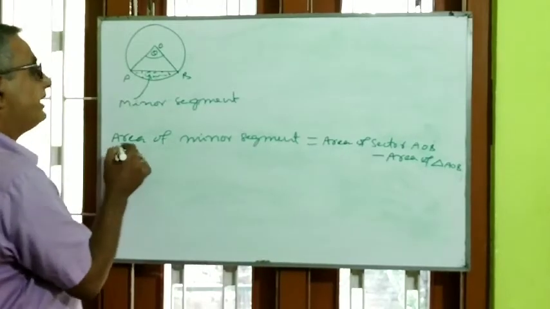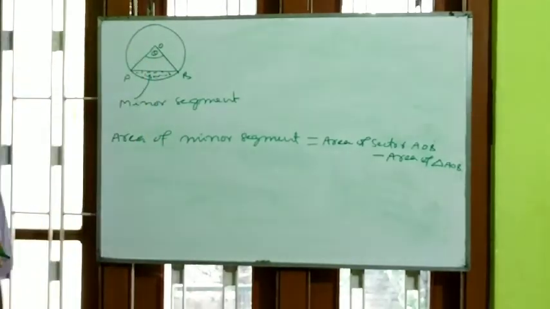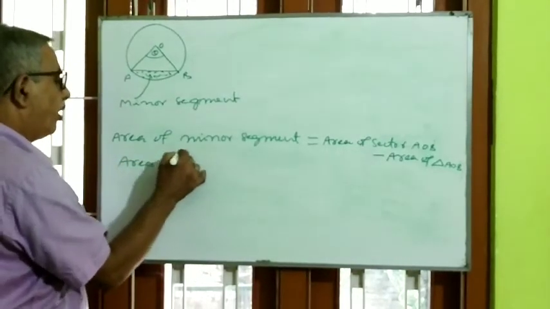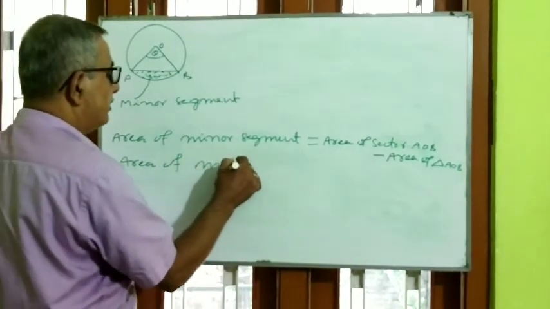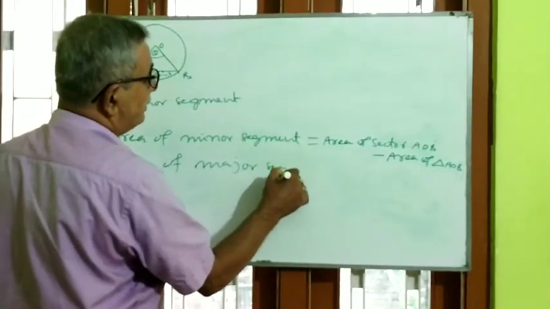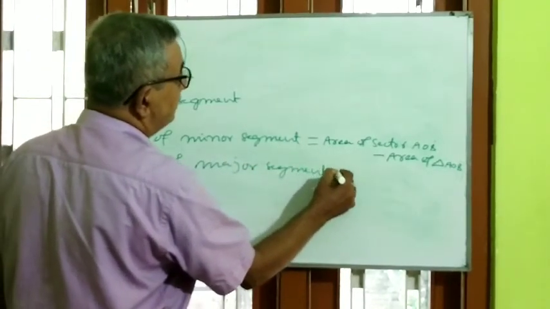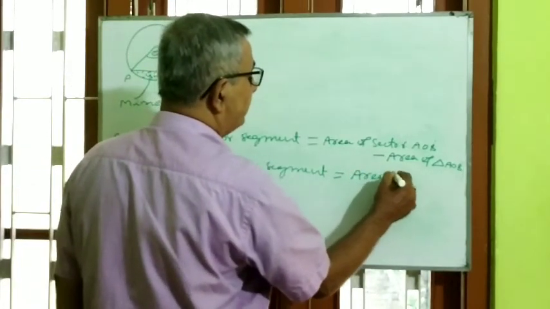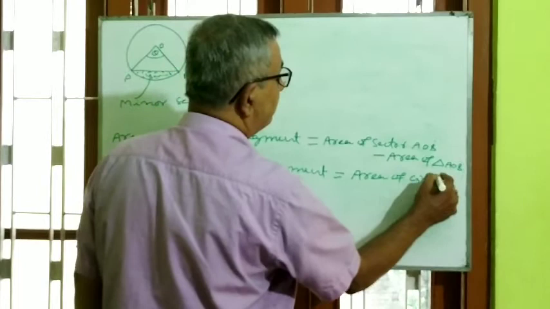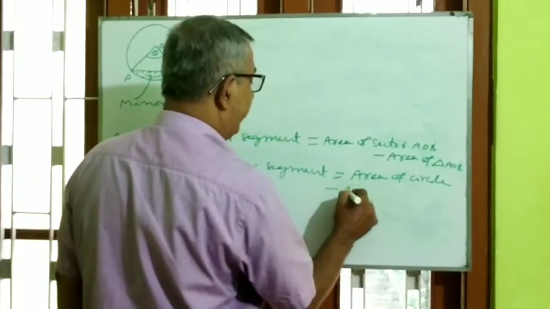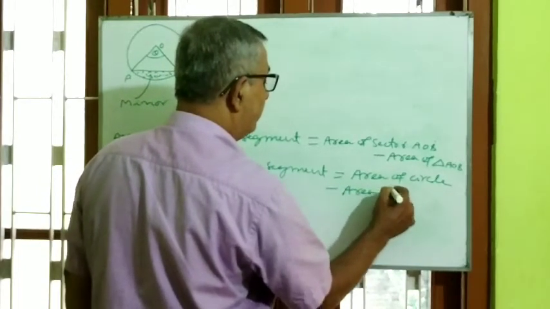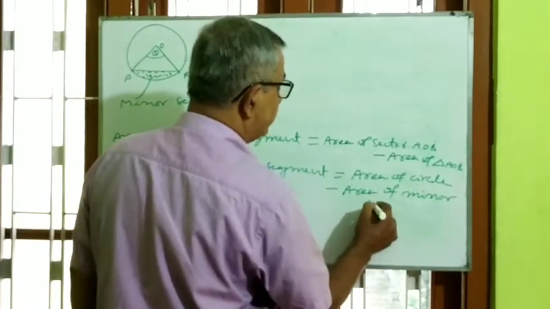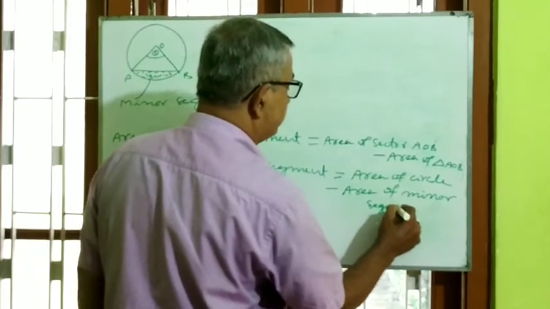Now, area of major segment is equal to what? Area of major segment is equal to area of circle minus area of minor segment.